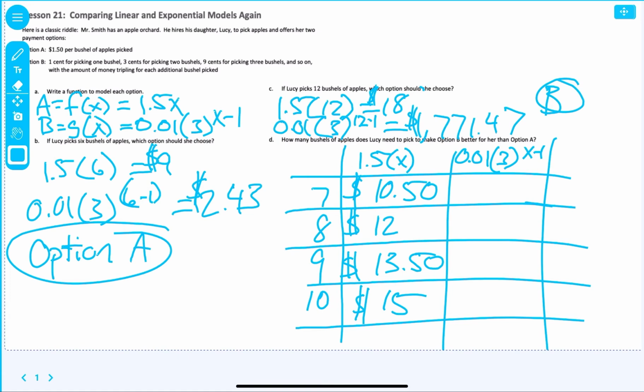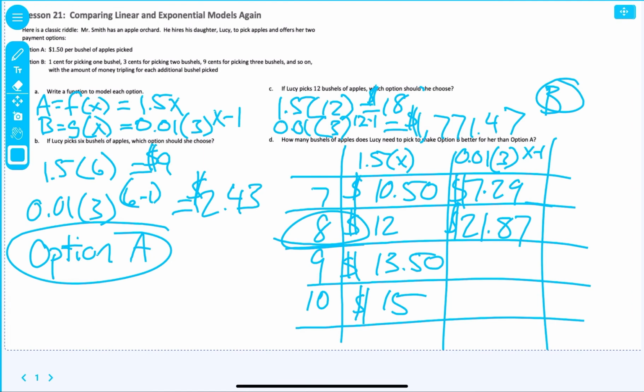Come on, guys. $7.29. Now what's it going to be? 3 to the 7th times 0.01. $21. Right there it is. We can stop right there at 8. So if she plans on picking more than 8 bushels, she better go with B.